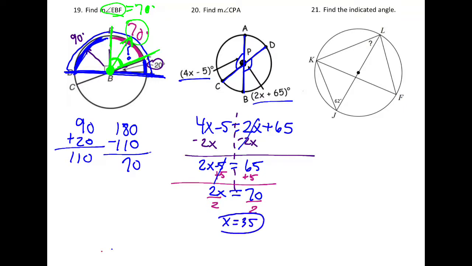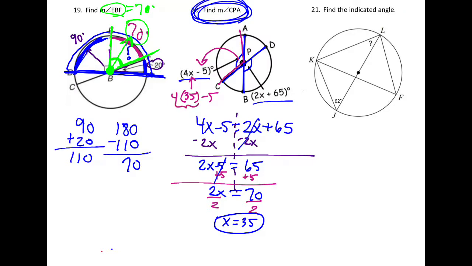That is x. You are not done because if you pay attention, you are looking for the measure of angle CPA. So if you highlight C to P to A, that's that angle, which this expression is in there, but now we know x is 35. So we're going to substitute that in for x, and now 4 times 35, that's 140.